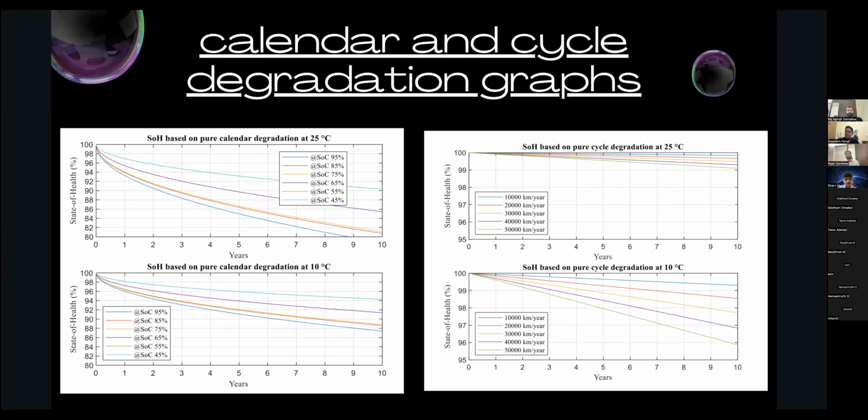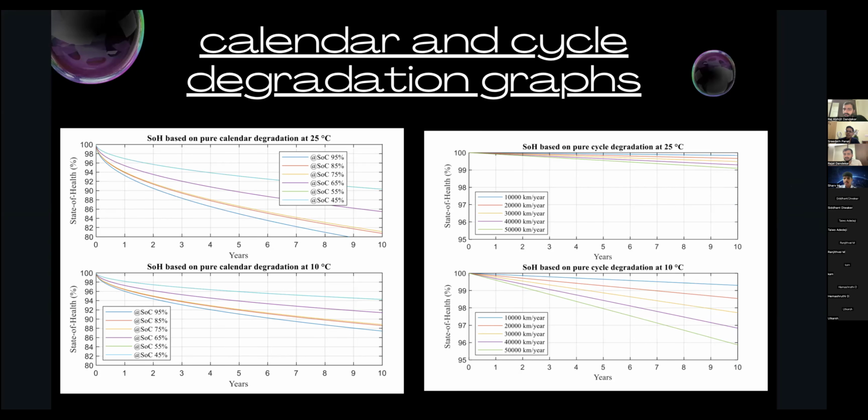We can also see that cycle degradation does not contribute much to the end degradation, like almost 1%, or 4%, sorry. Even when a car is driven for 50,000 kilometers per year, it is a maximum of 1% at 25 degrees Celsius, but 4% at 10 degrees Celsius.